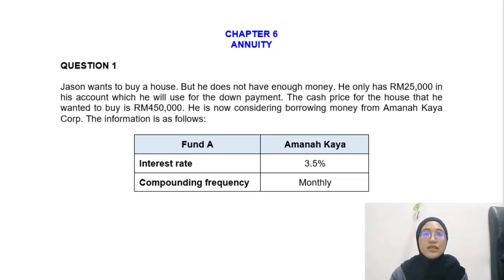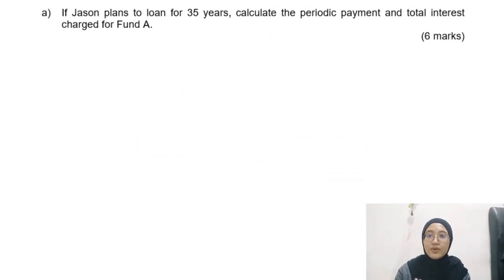He is now considering borrowing money from Amanah Kaya Corp. The information is as follows. Fund A, interest rate was 3.5%, compounded monthly. The question: if Jason plans to loan for 35 years, calculate the periodic payment and total interest charged for Fund A.